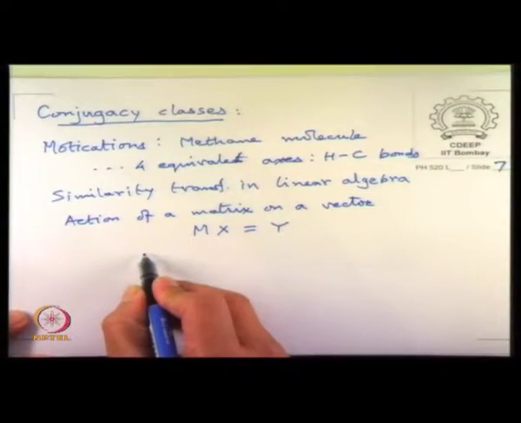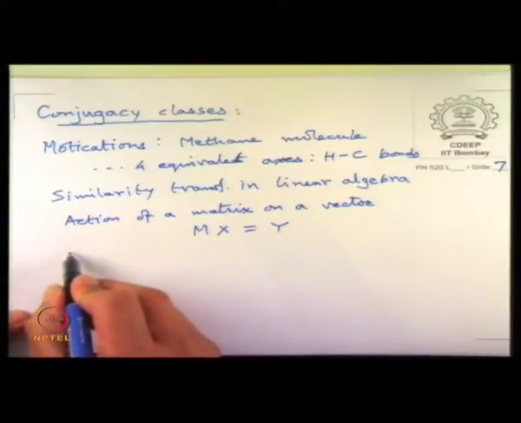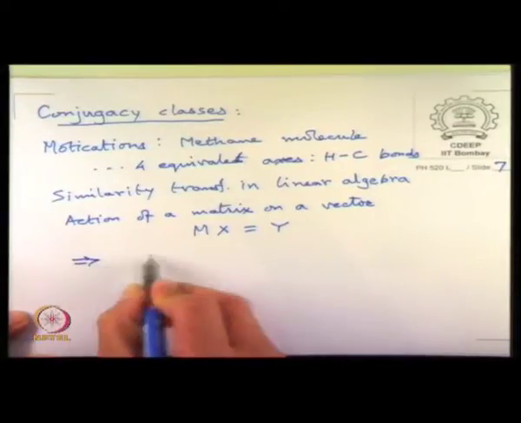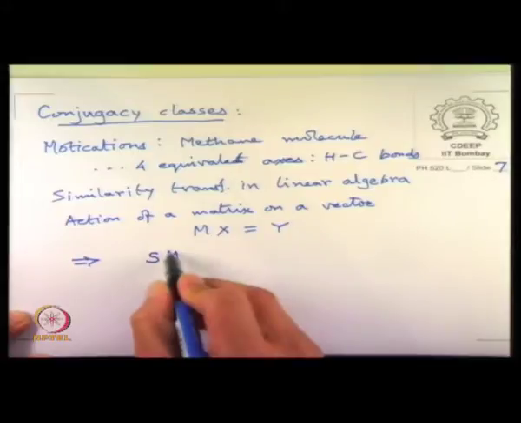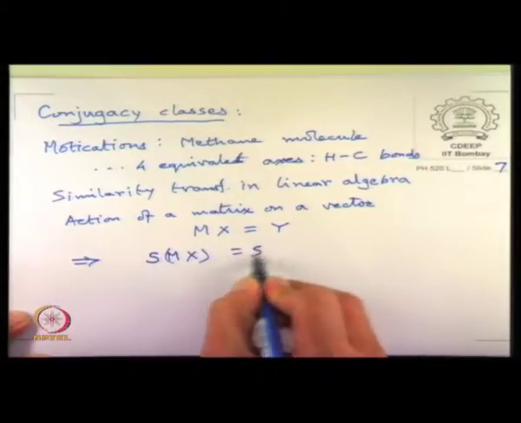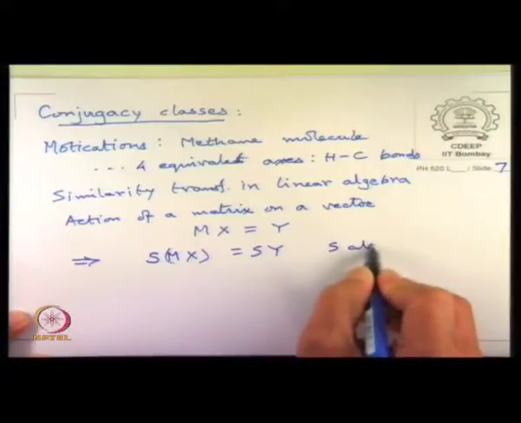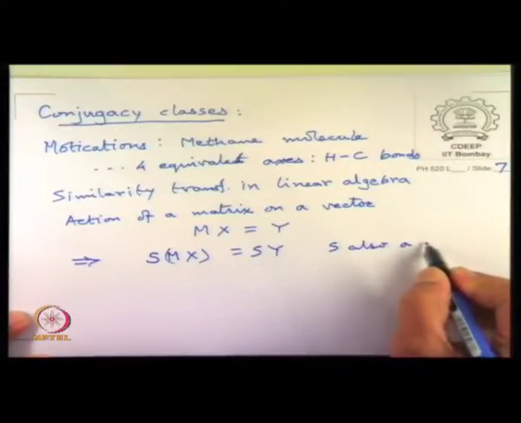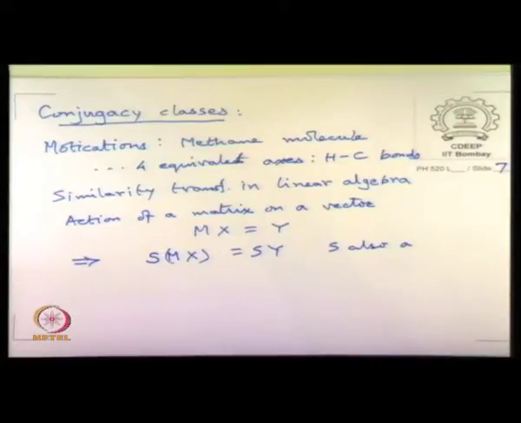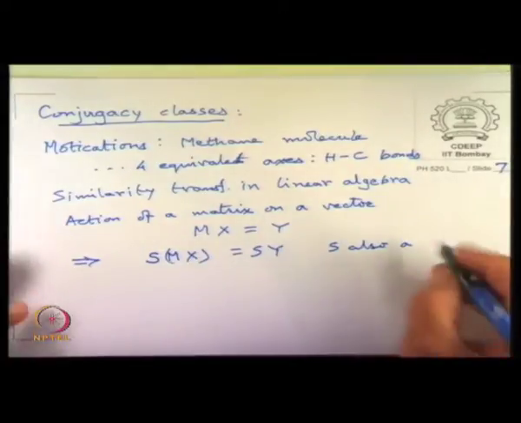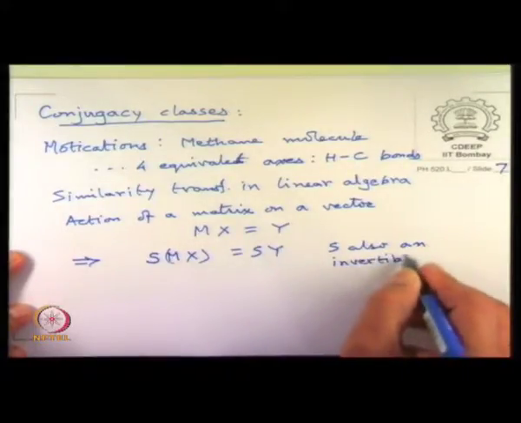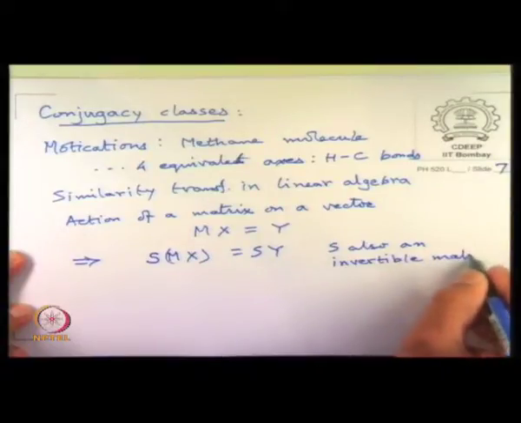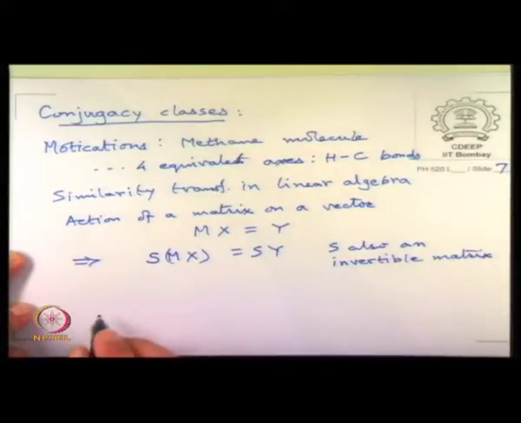So to cut a long story short, let me just tell you what I have in mind. Suppose we multiply it on the left by some transformation S, which is also a matrix, a non-degenerate invertible matrix, one that has an inverse.